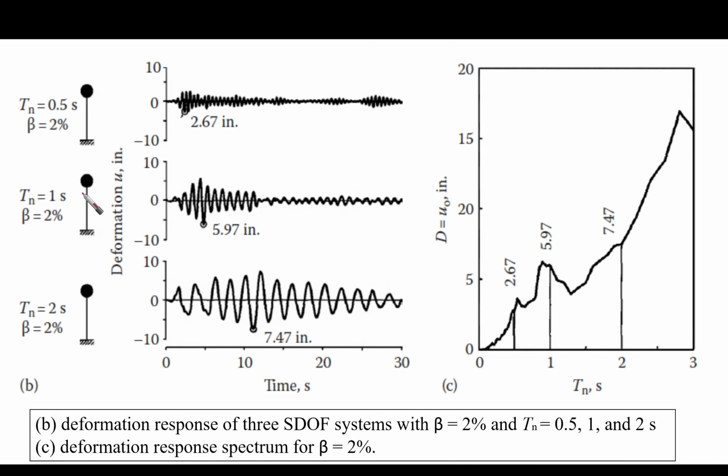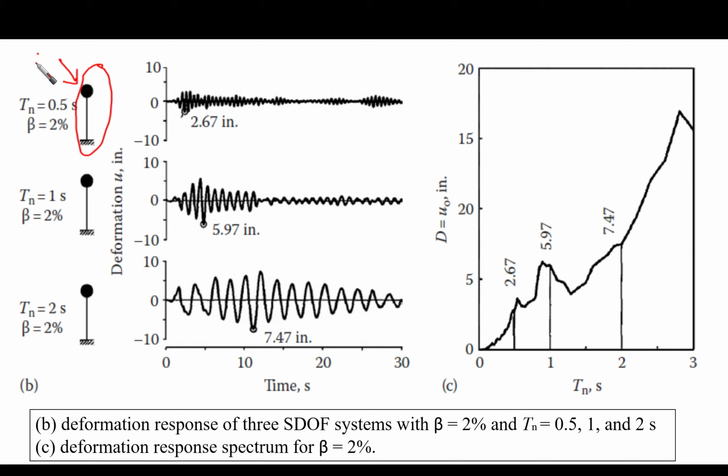Now we are going to the part of how we can develop the response spectrum. First of all, we said that the response spectrum gives information about different structures, and these different structures are going to be single degree of freedom systems. So we are going to make a linear time history analysis for a single degree of freedom system that has specific characteristics.